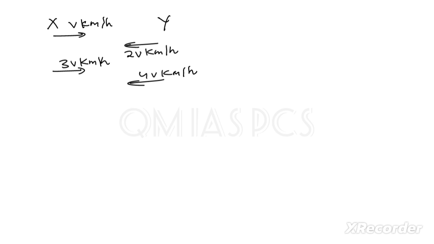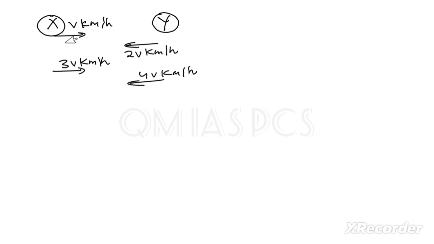Okay, and just look at this one. There is a place x and y, right? And a car is traveling from x to y, then y to x, then again x to y, then again y to x.